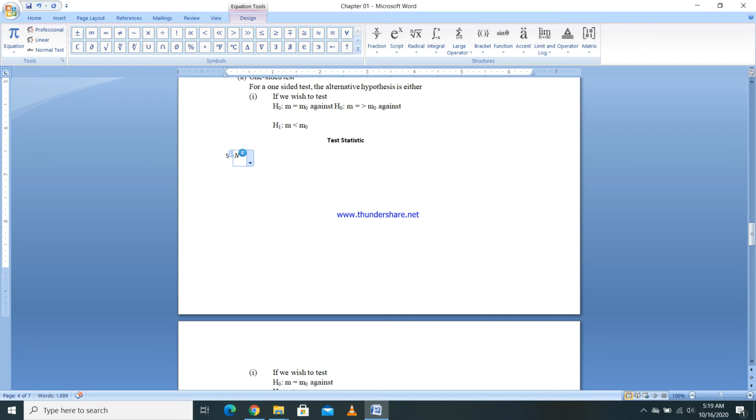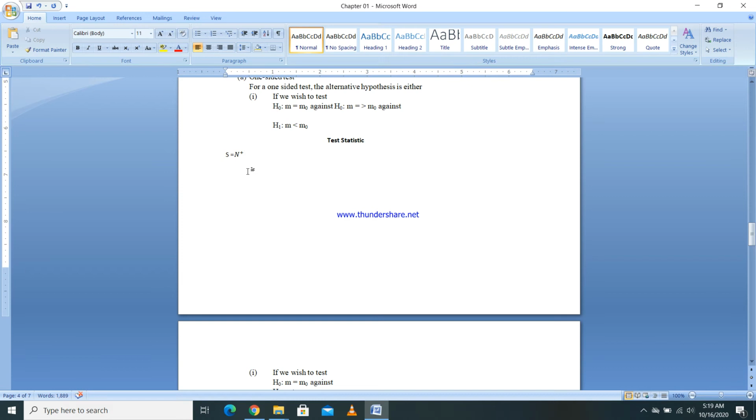This is the general notation that we are using.